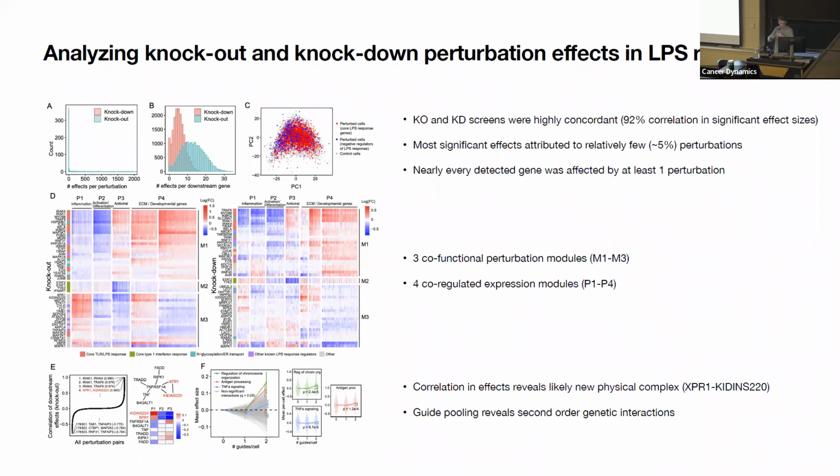For example, if you look at TNF alpha signaling, we found some intra-module second-order genetic interactions, meaning if you take the set of genes in the GO term for TNF alpha signaling and perturb two genes at the same time within that set, you have a surprising effect on the inflammatory program, I believe.